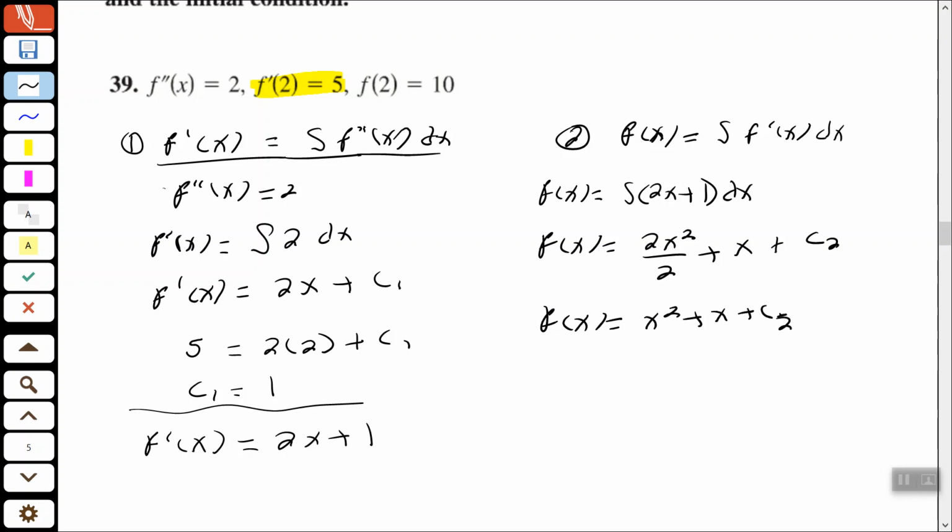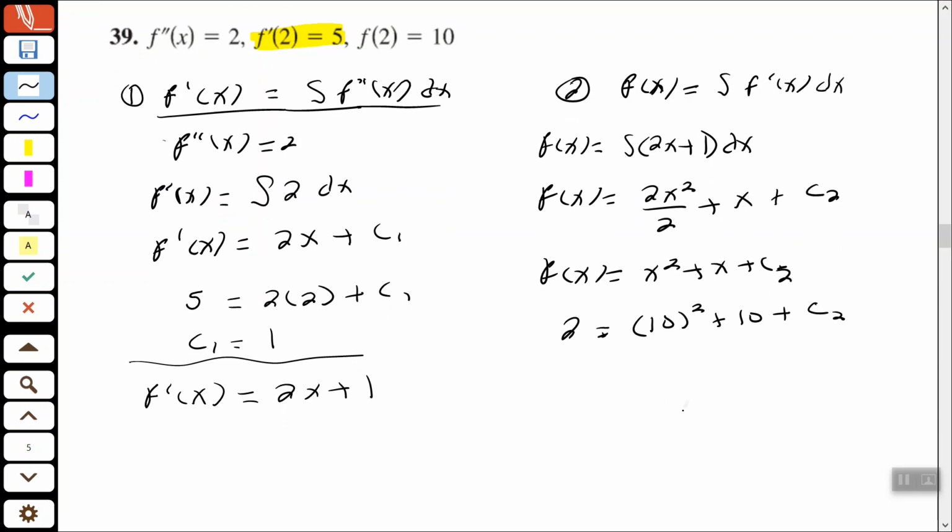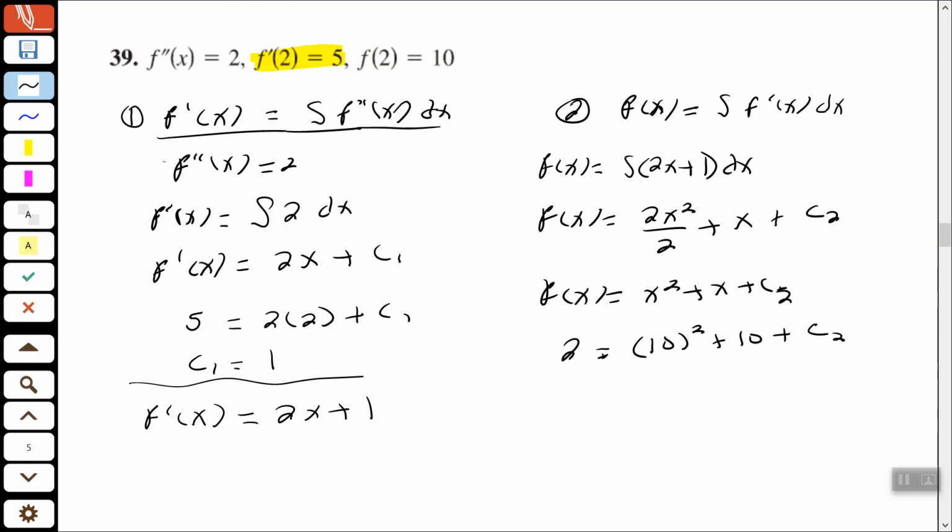Now again, we know something about f of x when x is equal to 2. F of 2 equals 10. And we can find our c sub 2 in this particular situation. Oh, sorry about that. I did that backwards. Let's rewrite that.